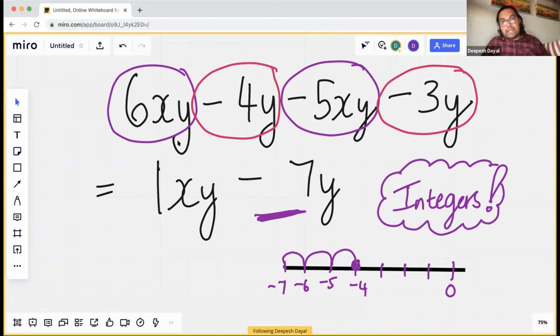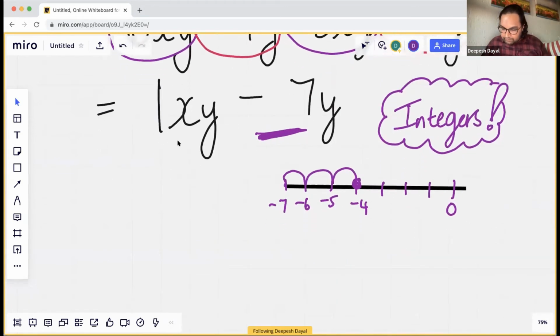Okay, let's try another one like this, but make sure that you look out for your integers. So I'm going to do another minus one, and then we'll join them together and we'll do the pluses and the minuses together and see what happens. Okay.